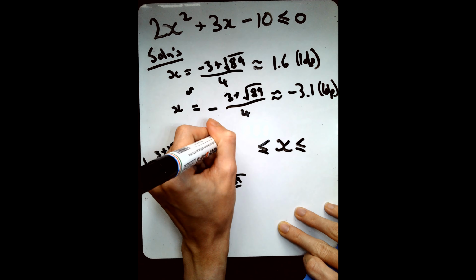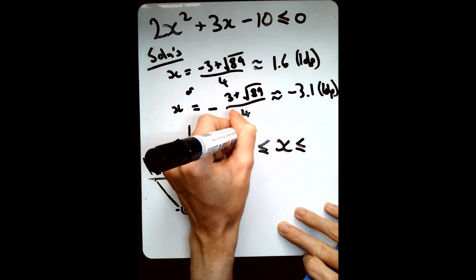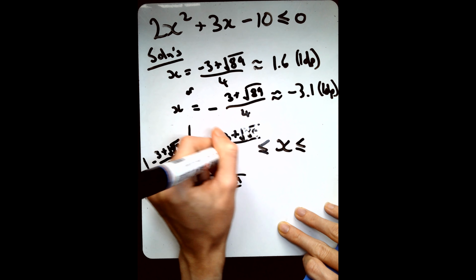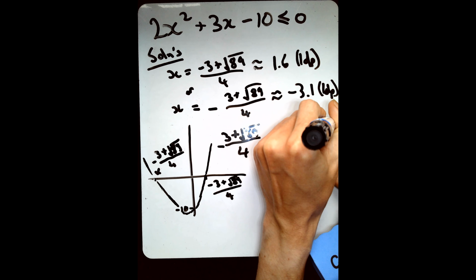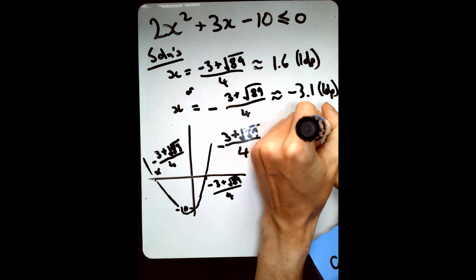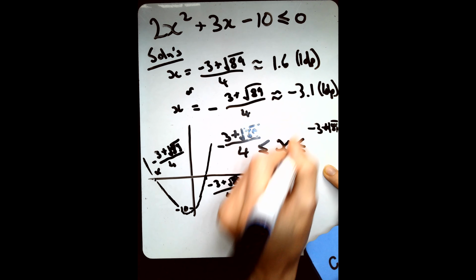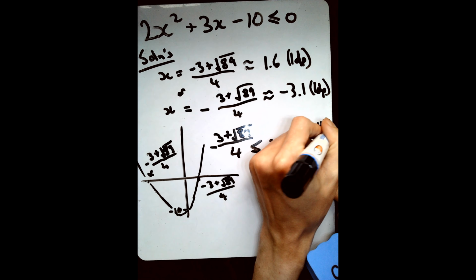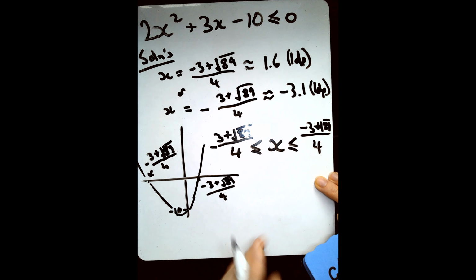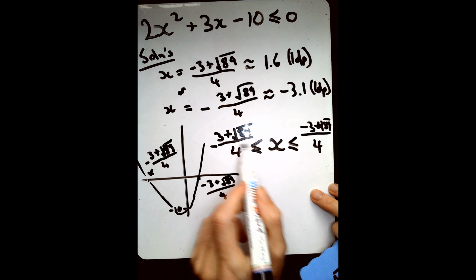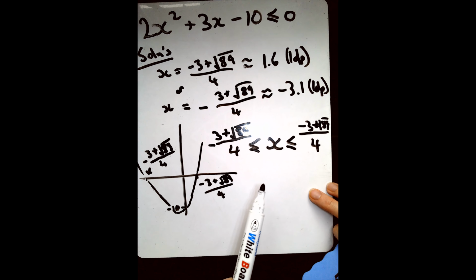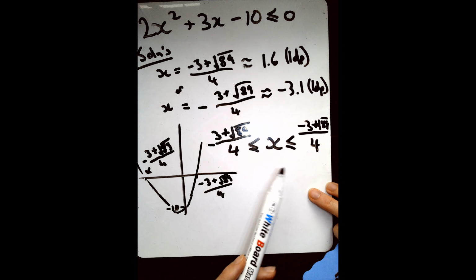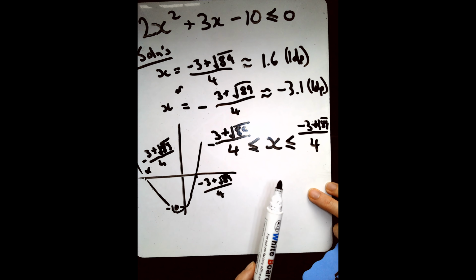So negative 3 minus root 89 over 4, and then on this side negative 3 plus root 89 over 4. Okay, make sure you write these down, because if I write down 1.6 and negative 3.1, they've been rounded, so they're not going to be as accurate as possible, and we could lose marks for rounding.